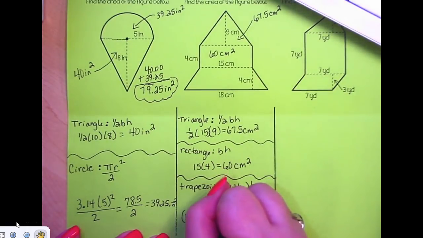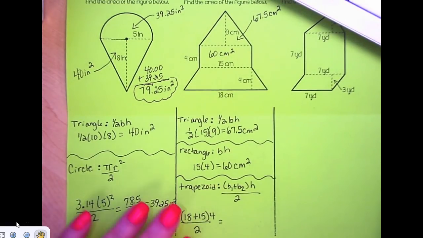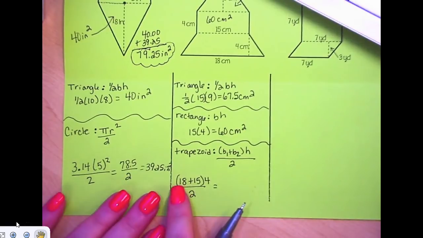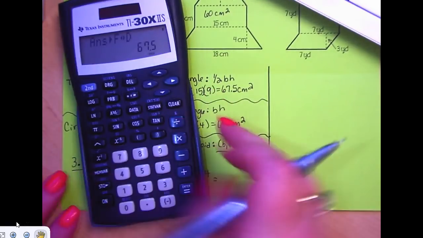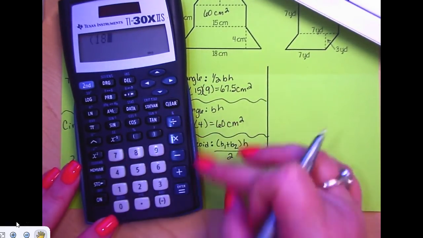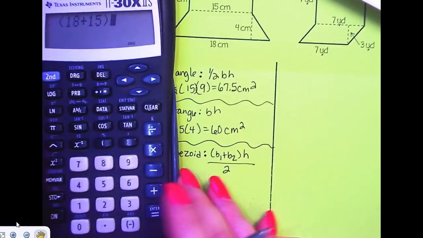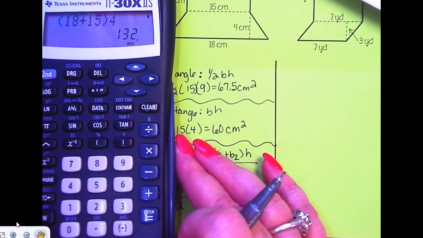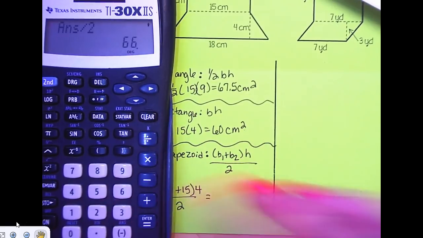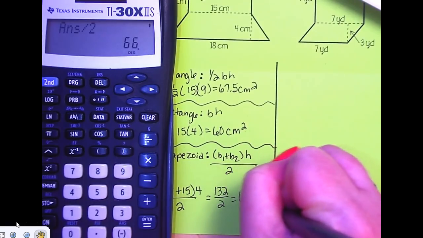It's 4 divided by 2. Let's do this on the calculator. Remember, after you do the top, you have to hit equals before you hit divided by 2. 18 plus 15. Do you think I needed to put that in parentheses? Yes, you need to do that adding first. 18 plus 15. Now times 4, and you get 132, and then divided by 2. And you get 66 centimeters squared.